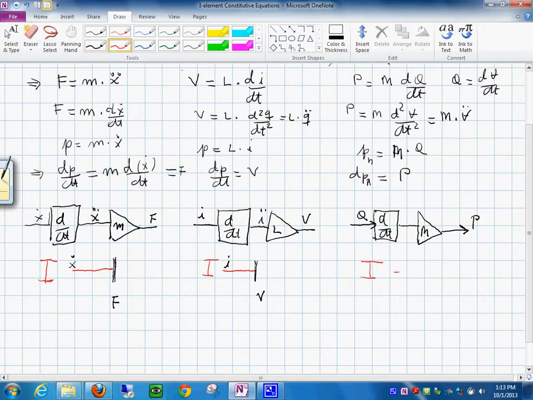The I element is going to be like this, and of course the output in this particular case is the pressure, and this is Q over here.